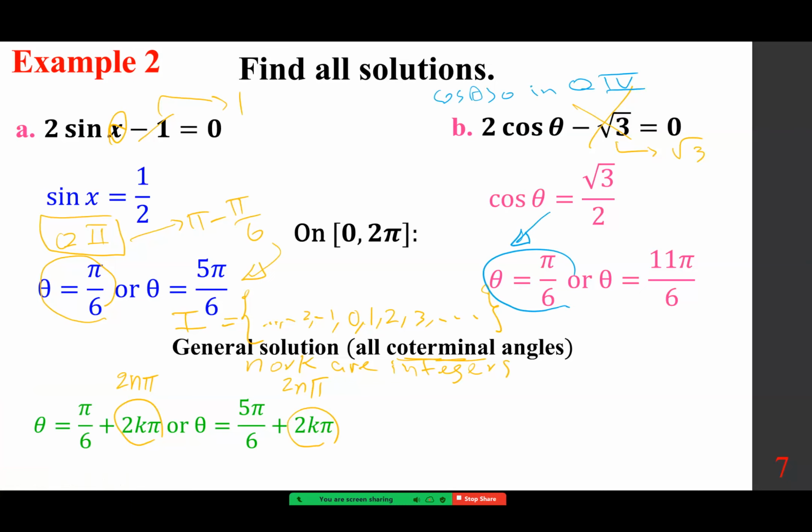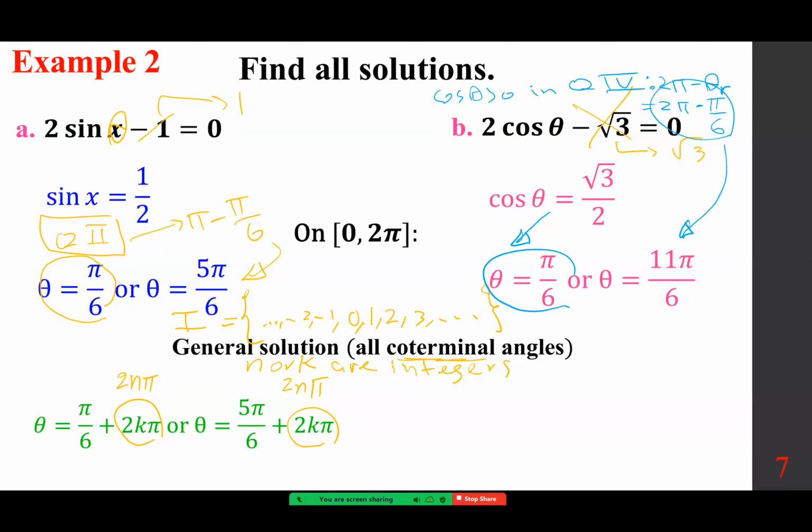And in the fourth quadrant, you're going to say 2 pi minus the reference arc, which is 2 pi minus pi over 6 to get 11 pi over 6. This is how you find all your answers from 0 to 2 pi.